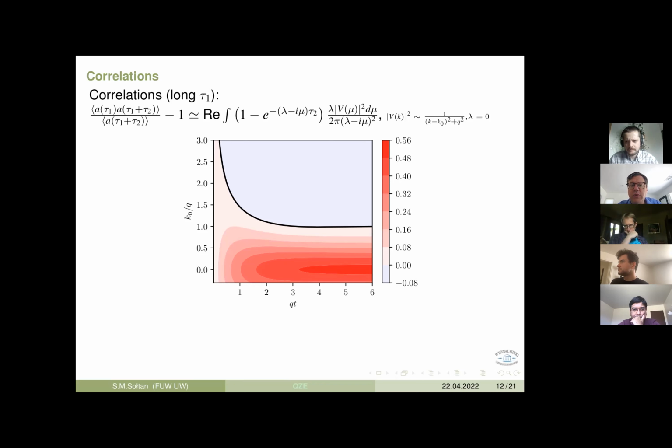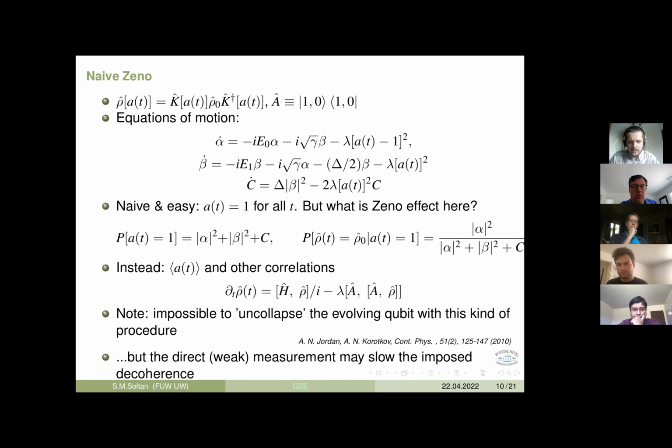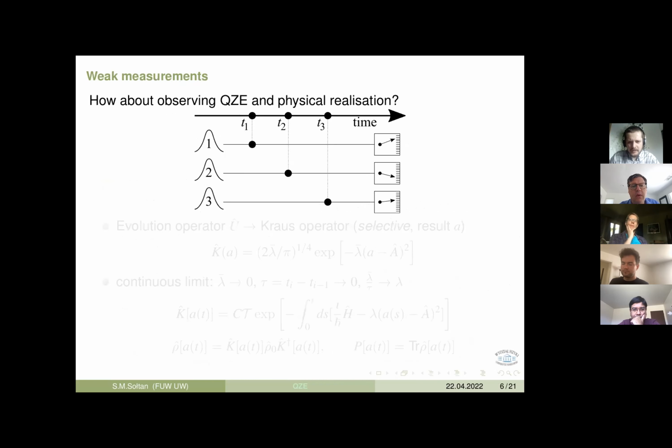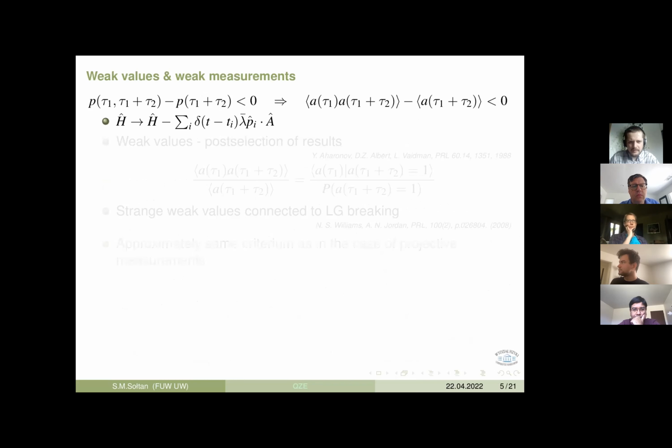Yeah. Can you show us an example of that? Can you point to your plots, an example where you see the Zeno effect and broken Leggett-Garg, for example? Sure. Actually, I can start with the example taken from the literature that was visible for the moment, I guess, at the beginning.